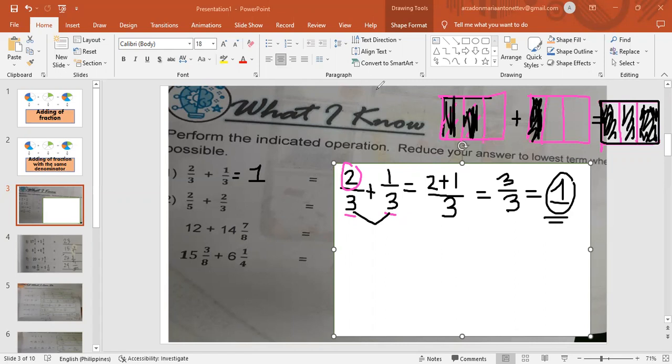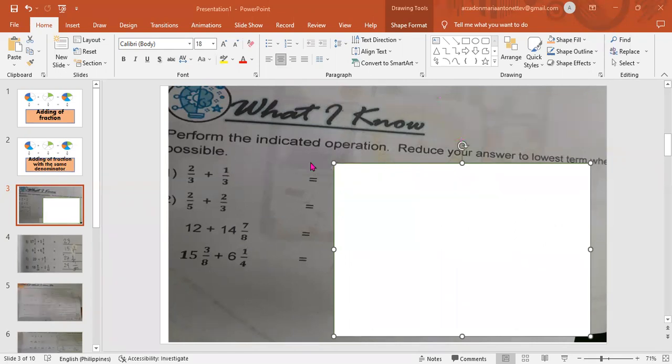Okay, now let's proceed to number 2. The given is 2/5 plus 2/3 equals. So we have a big problem here.